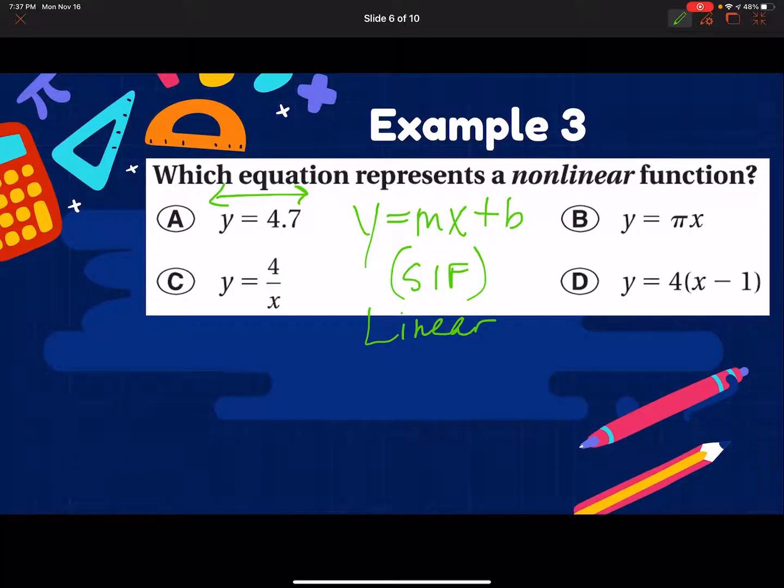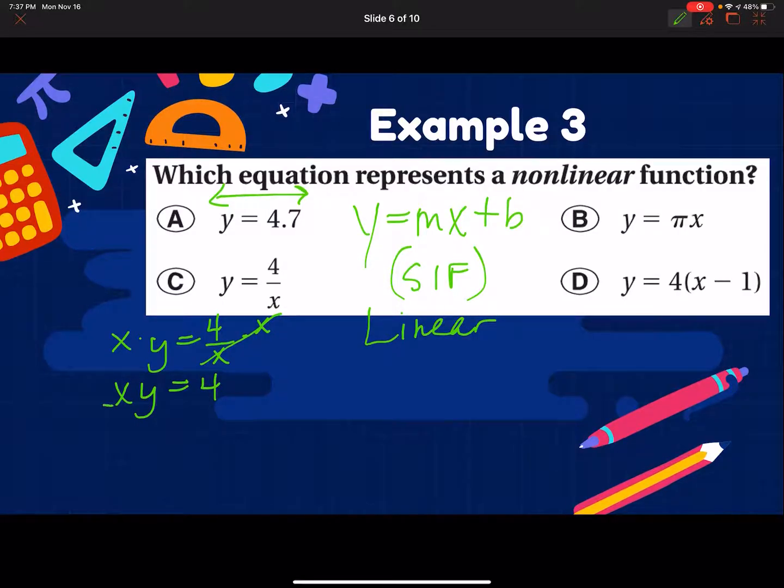Let's look at C. Now C has y equals 4 divided by x. If I'm not really sure about that, I can attempt to rewrite that in slope-intercept form, which I might want to try by moving x. So I get rid of it on this side, I move it to the other side, I end up with x times y equals 4.